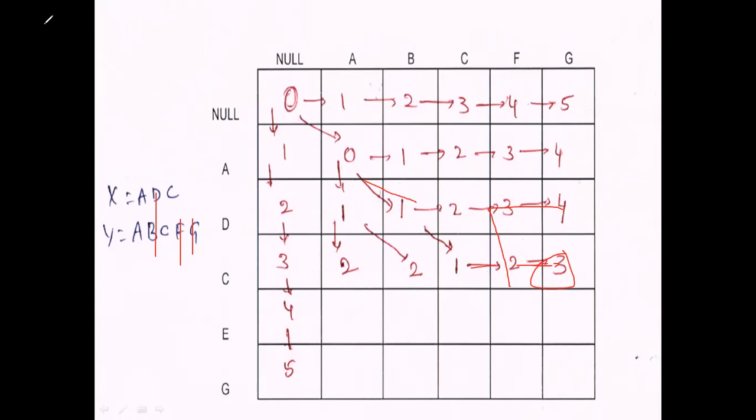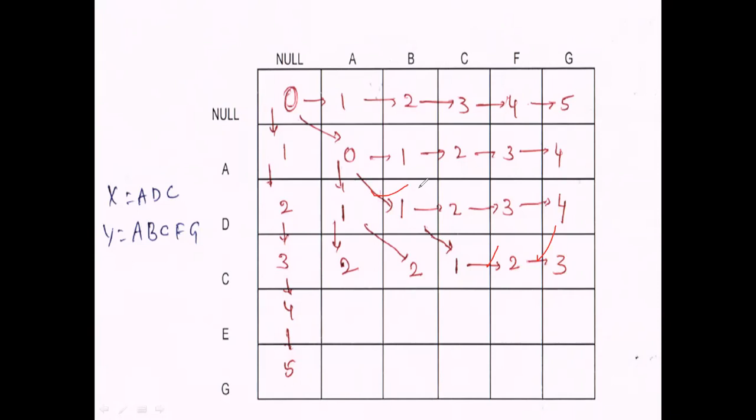So the number of arrows, that is the number of changed values, represents the number of operations, totally 3. In 3 operations, 2 deleting operations and 1 replace operation. So the total number of operations is 3.